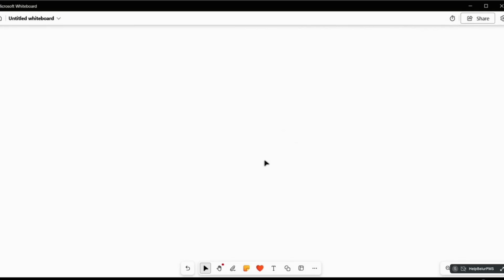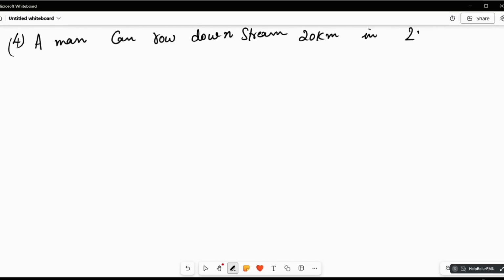Last one type is there. That is downstream and upstream question. That one type of the question we will do. Most of the types we have done. This is the one last time. A man can row downstream 20 kilometer in 2 hours and upstream 4 kilometers in 2 hours.